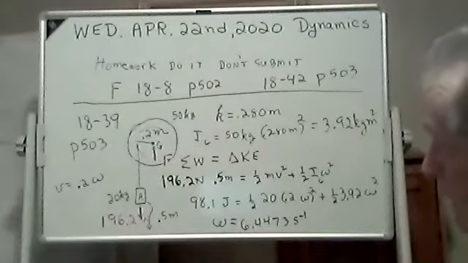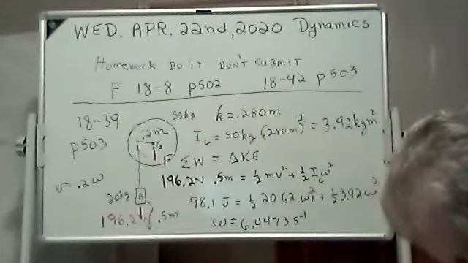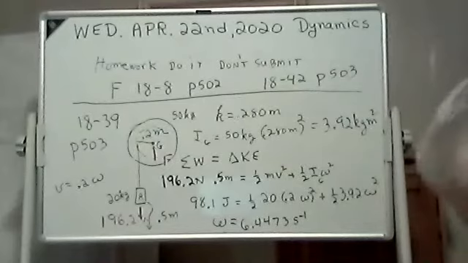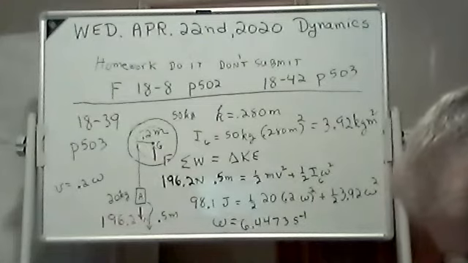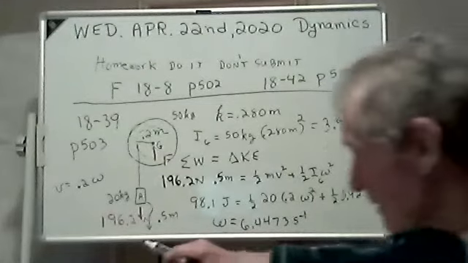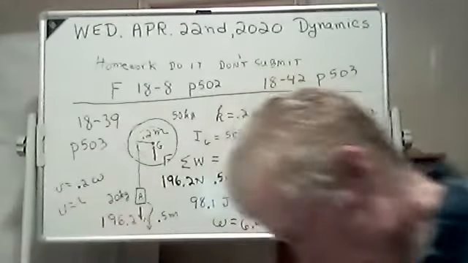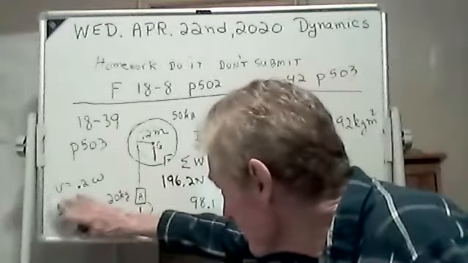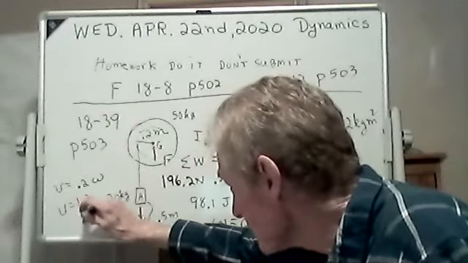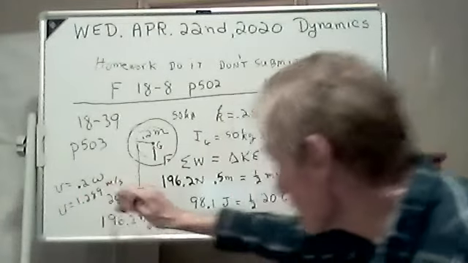Okay, right? So what's 0.2 times that? I'm getting a velocity of 1.289 meters a second.